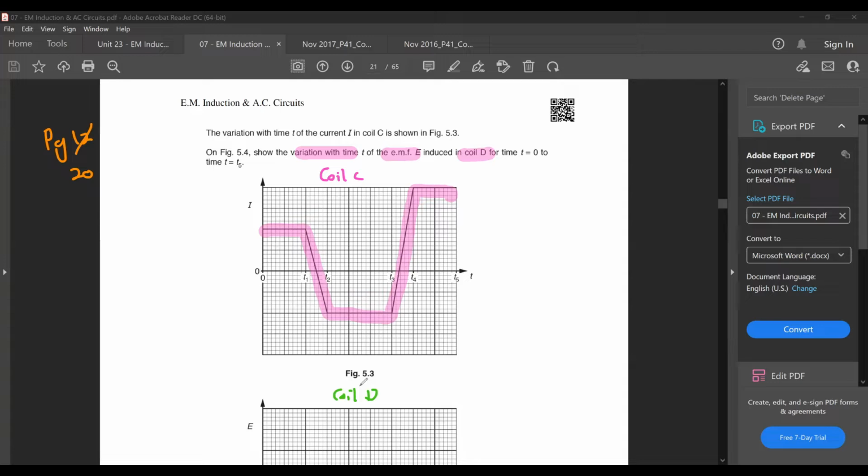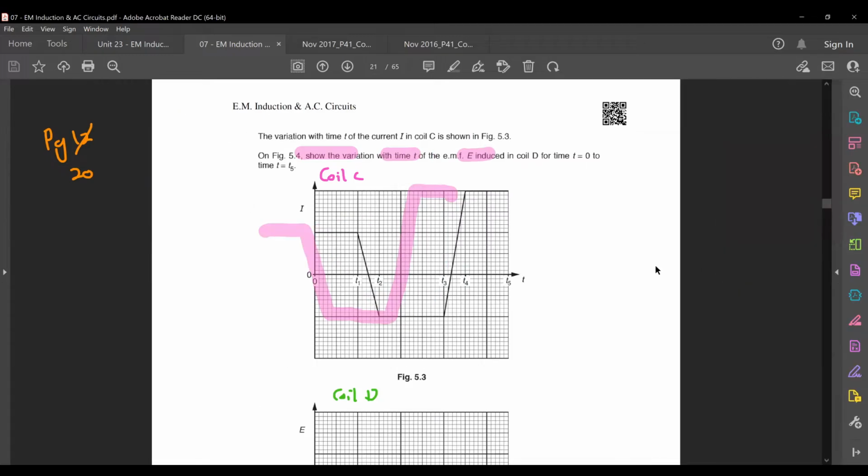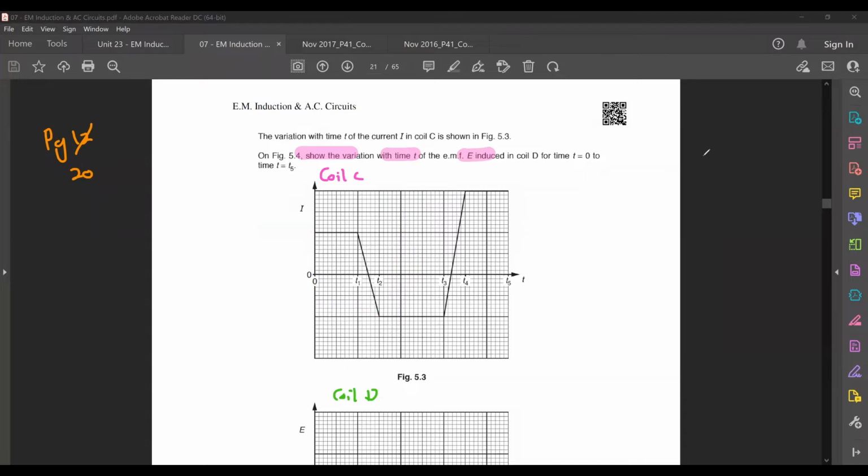Okay, right. So this one here, the variation of the current in coil C. Maybe I should just draw it on the diagram here. Wait, give me a second. Okay, right. For our case here, this is coil C, which is connected to a power supply.